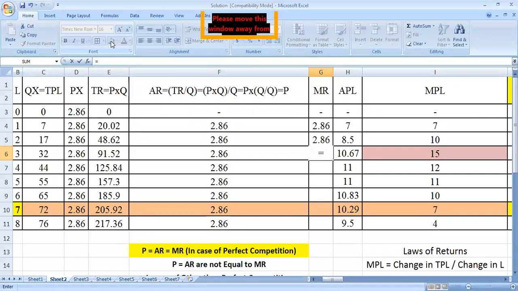When you employ 3 units of labor, the total revenue is 91.52 minus 48.62, which is the revenue at the second unit of labor, divided by the output at the third unit of labor, 32, minus the output at the second unit of labor, 17. So 91.52 minus 48.62 divided by 32 minus 17, the answer is 2.86. Let me drag it down for you guys.